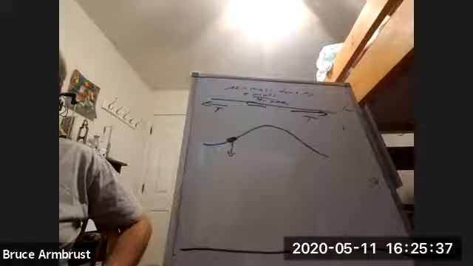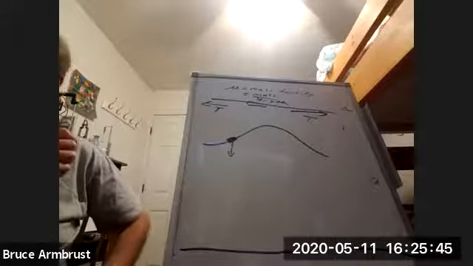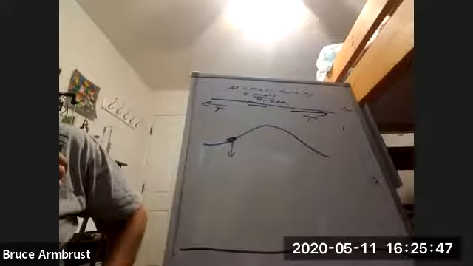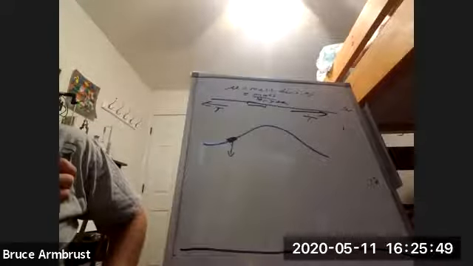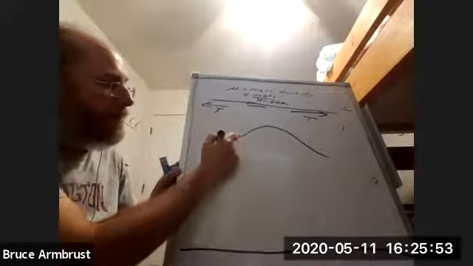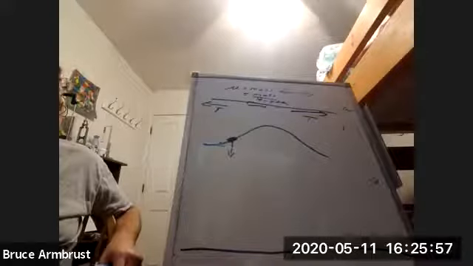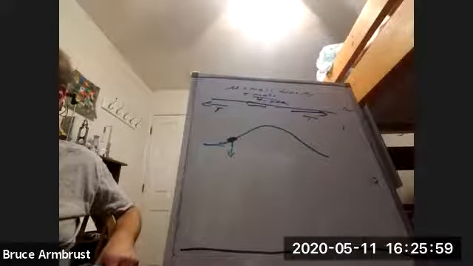Okay, what else are we going to have? All right, good. We've got tension. And so the force due to tension is going to be pointing in the direction of the string. So it's not actually going to be horizontal now because of the fact that we gave it a little bit of a flick.